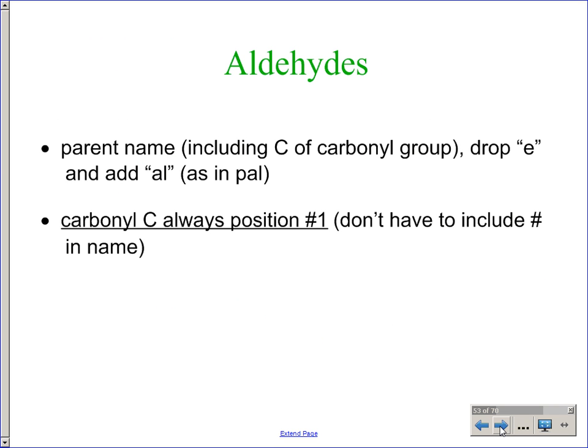Aldehydes are going to be named differently than ketones, just like any old different functional group. So the parent name is going to be including the C of the carbonyl group. So this C of that C double bonded O will be included in the parent name. We're going to include it in butanol or butane, whatever it may be. Whenever you add the suffix, though, you drop the E and you add AL, as in pal.